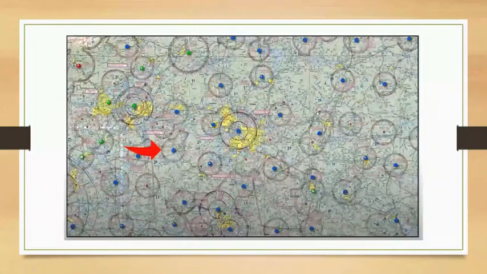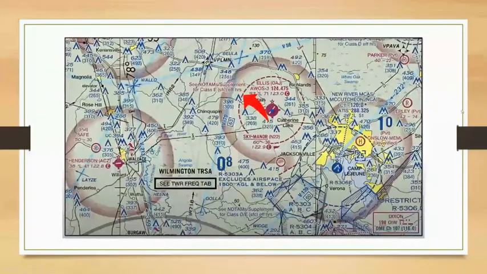So we're going to move forward. In our Class E airspace, the dotted and dashed magenta circle is Class E controlled airspace that runs from the surface up to the next overlying airspace.